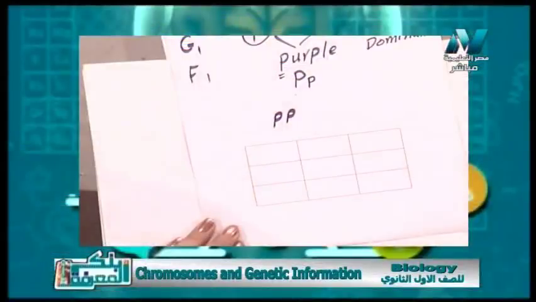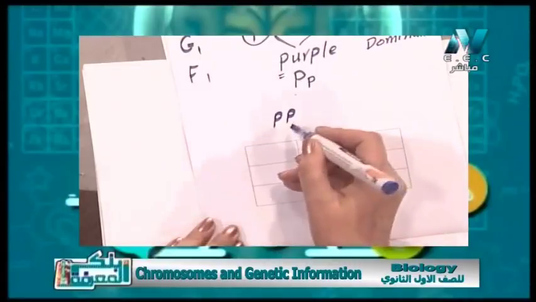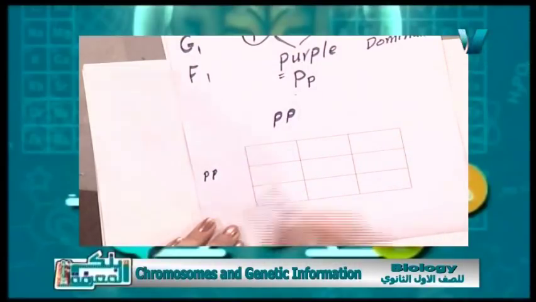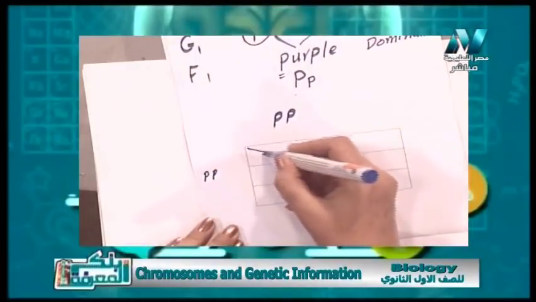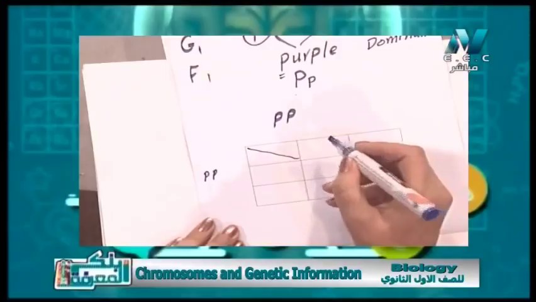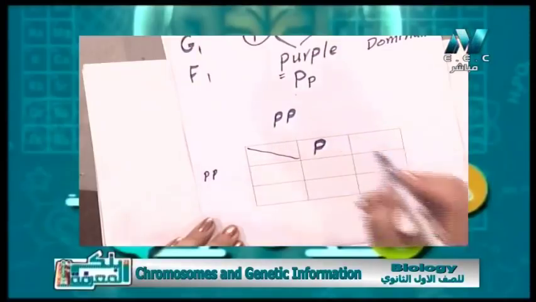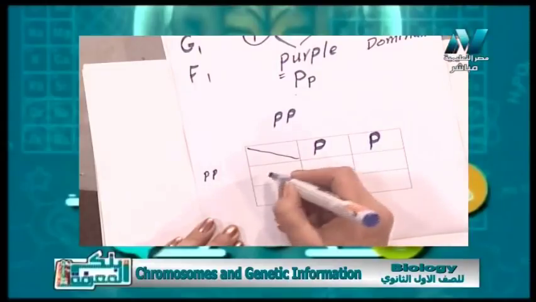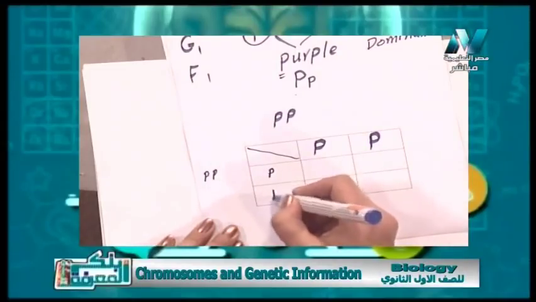Capital P is the first parent, small p the second parent, and they form gametes: the gamete here is capital P, and the gamete in this case is small p.